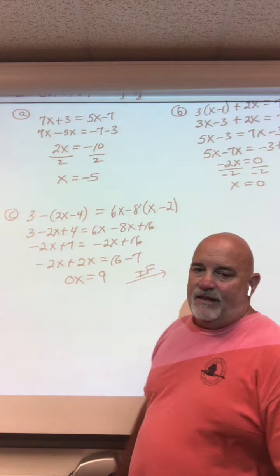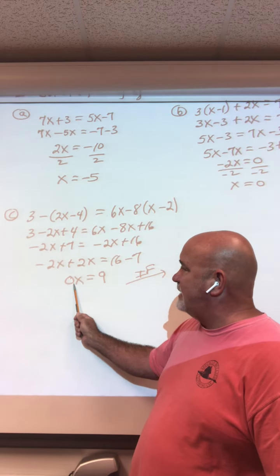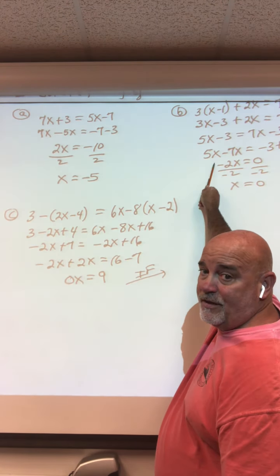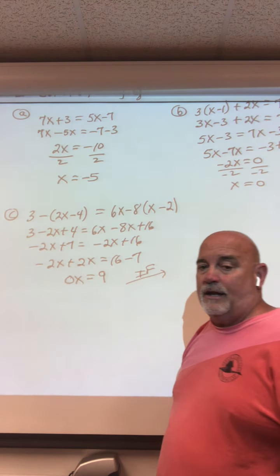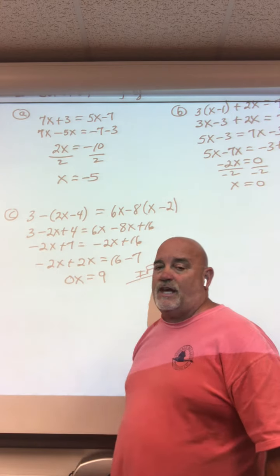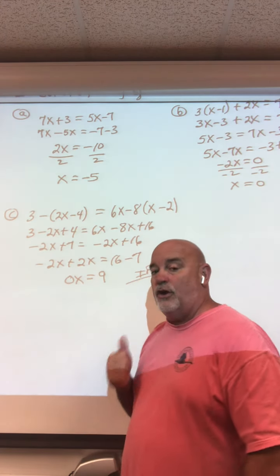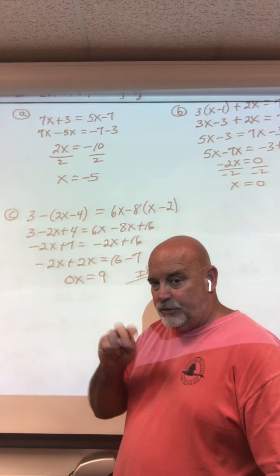I said when you're solving these equations, if the variables cancel, not the numbers, not what happened up here, not this one. Up here, the variables didn't cancel. Here they did. I told you that if the variables cancel, one of two things. Either your answer is no solution or it's all real numbers. One of those two.